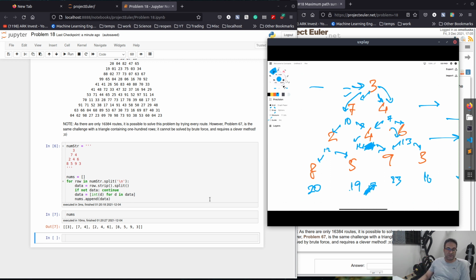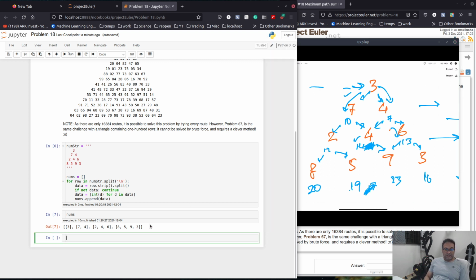So let's take a look at it. For row in nums from 1 onward, and I will keep a previous row equals nums[0].